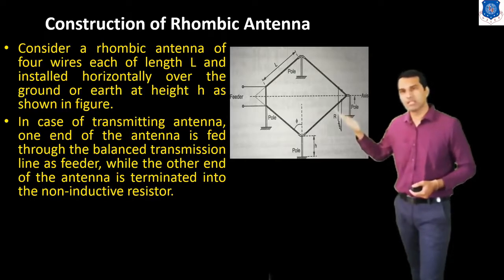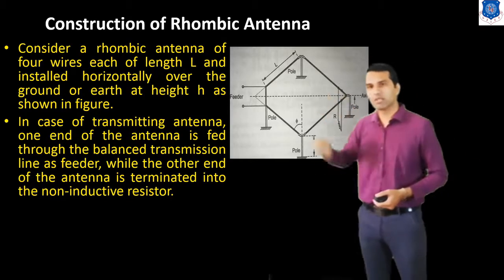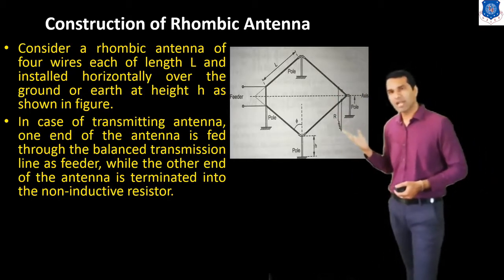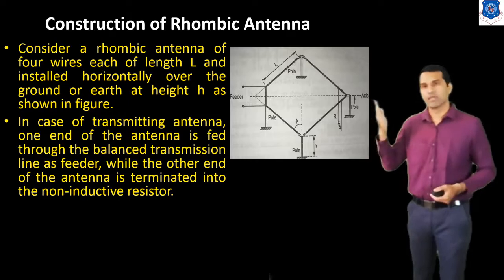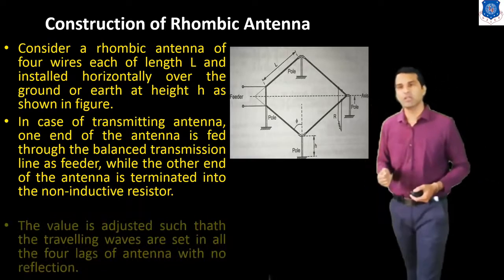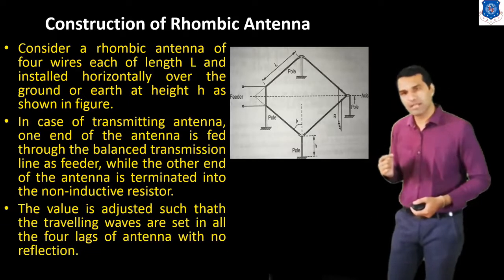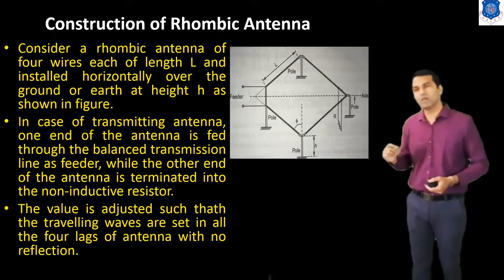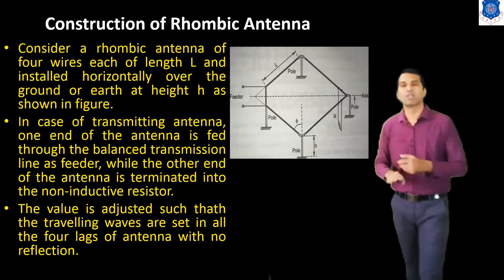So here we can see one end, that means the left-hand side end, is fed with the transmission line, and the second end we have terminated. Now the value is adjusted such that the traveling waves are set up in all the four legs of the antenna with no reflection.